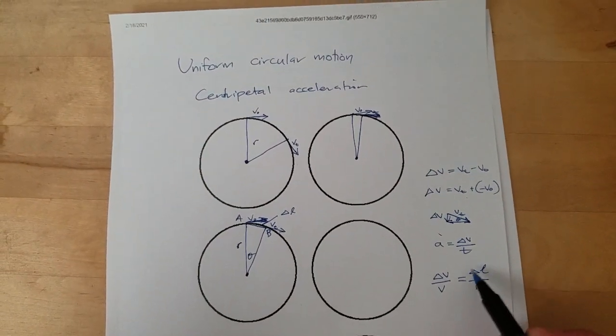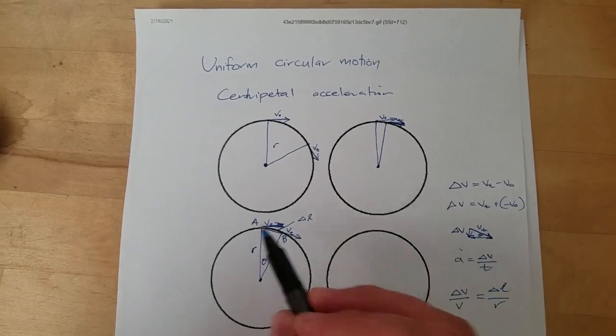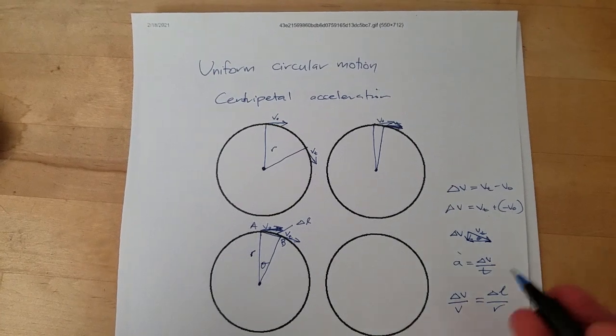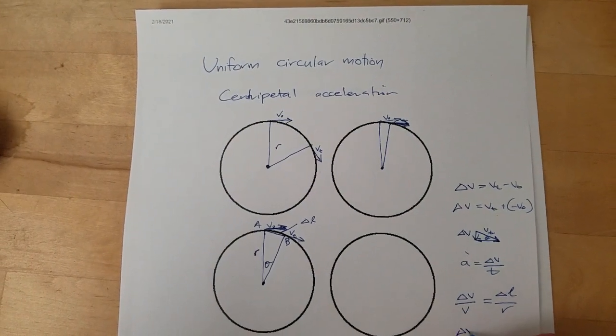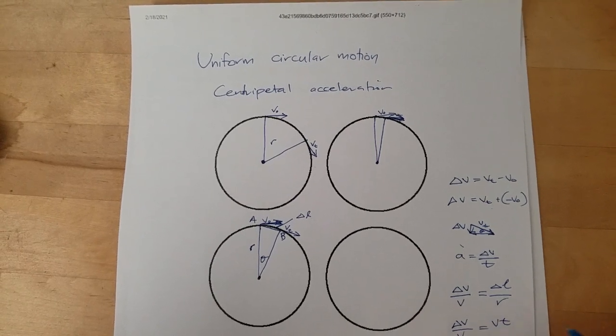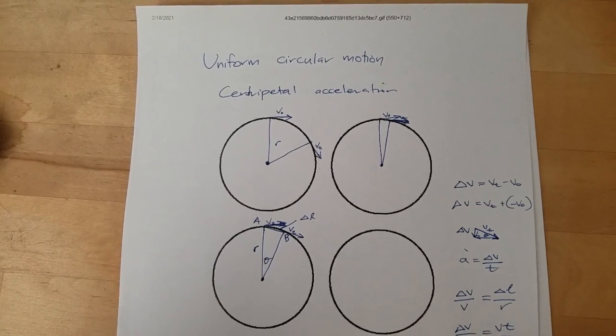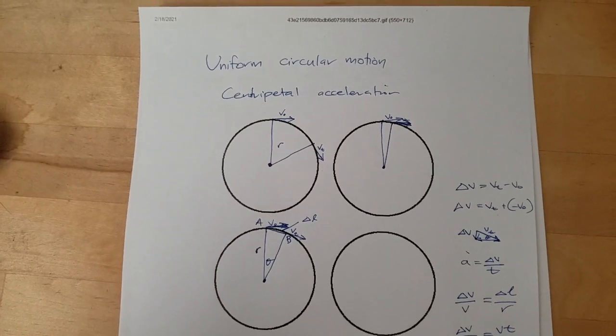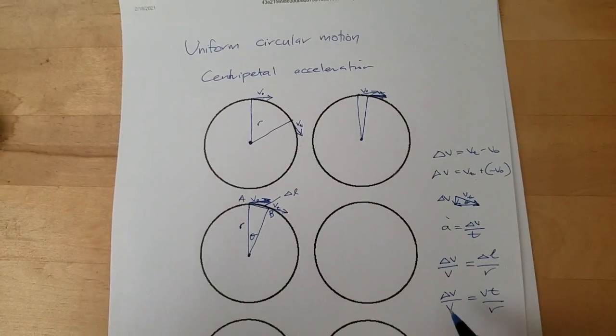Now, the delta L is really a measure of the distance that this ball has gone in this very short amount of time. So another way we could think of this is really velocity multiplied by time over the radius. Now we're just going to rearrange this.